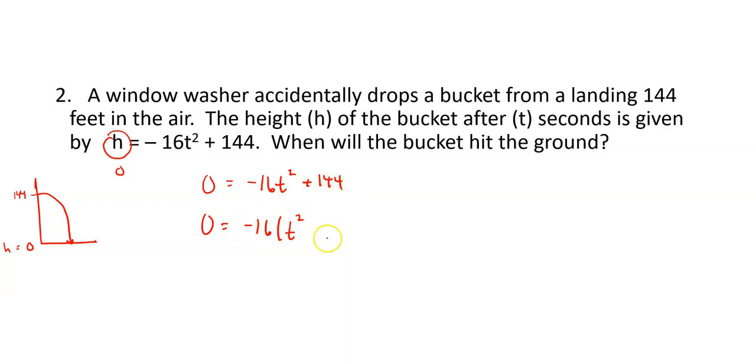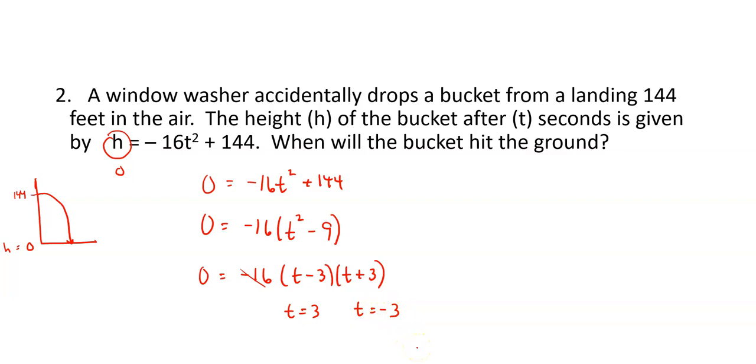Turns out 144 divided by negative 16 is negative 9. When I factor this completely, I get negative 16 times t minus 3 times t plus 3. Well, the negative 16 doesn't give me anything, right? Negative 16 equals 0 makes no sense, so I'm going to get rid of that. So it looks like the answers are t equals 3 and t equals negative 3.